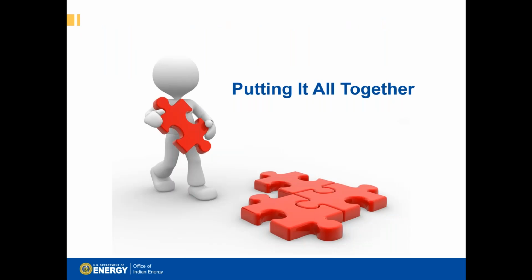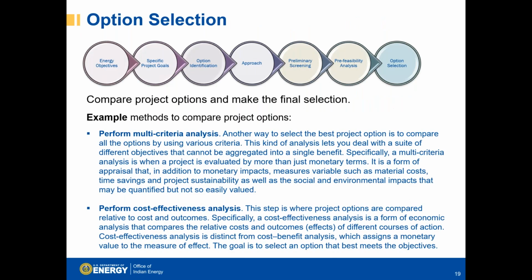So putting it all together, what's next? A few methods to compare project options would include the multi-criteria analysis or cost-effectiveness analysis, for example. The multi-criteria analysis is just another way of evaluating and selecting the best project options, comparing those options by using criteria.